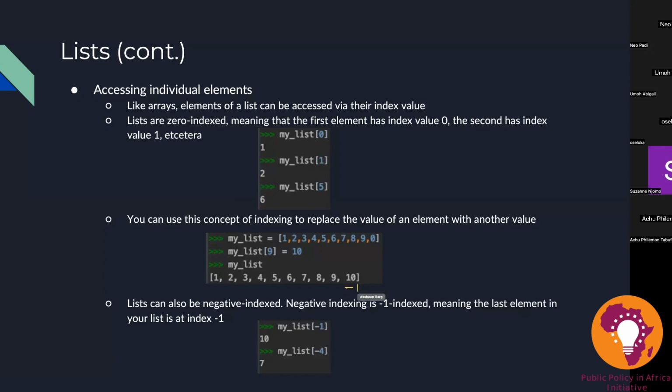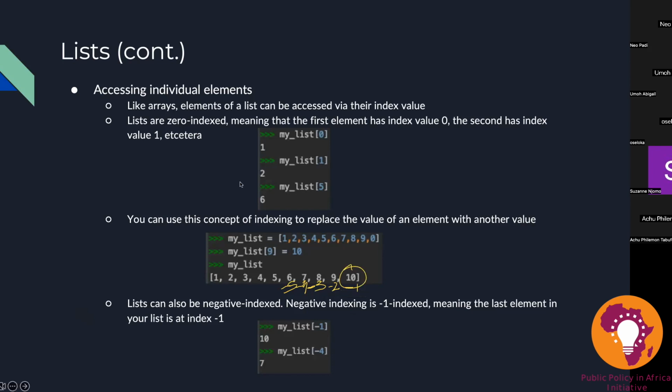So we have -1, -2, -3, -4, -5, and so on. Okay, so this is how we negative index. So this is why when we do my list -1, we have 10 over here, right?